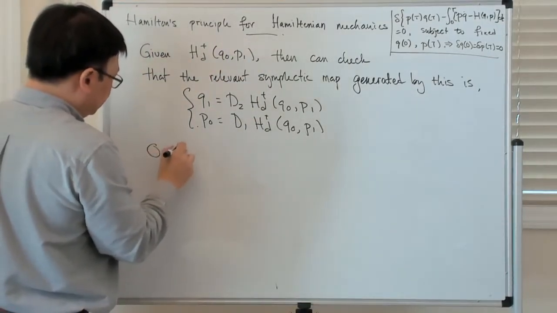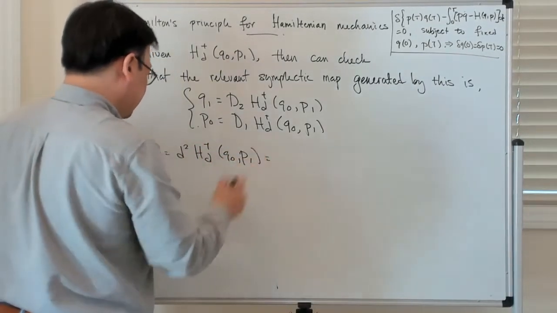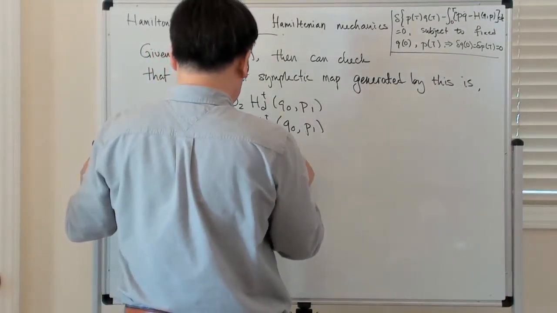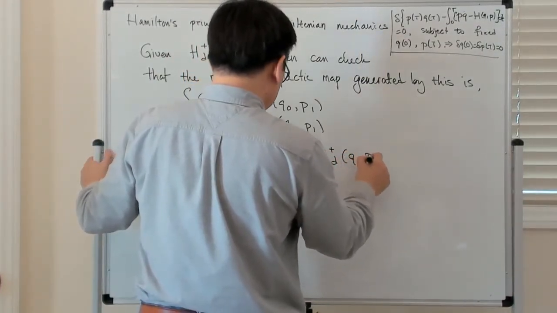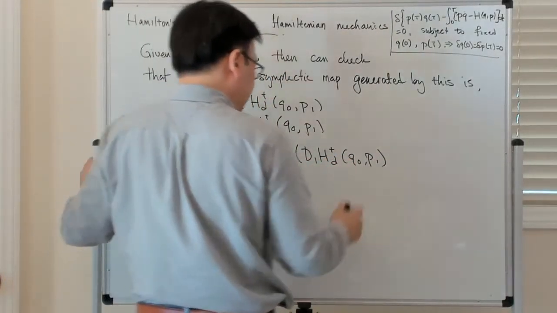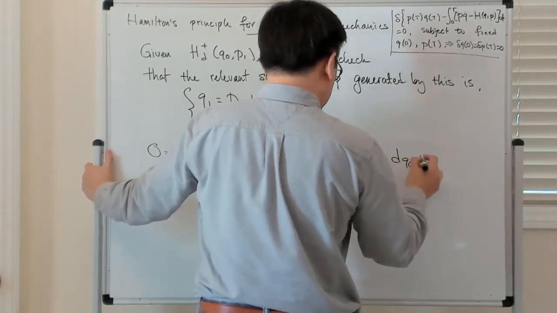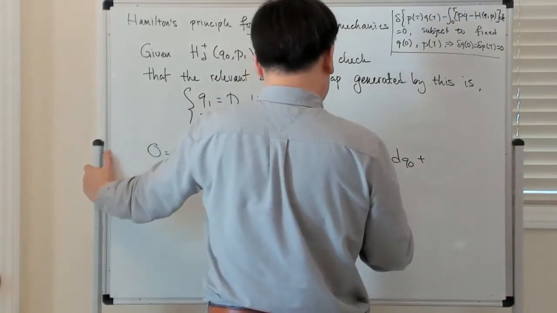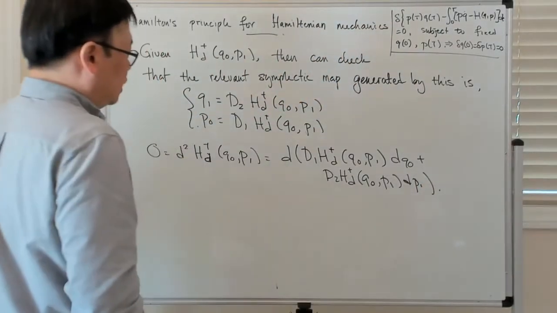So 0 is equal to d squared HD plus Q0 P1, which is equal to, let's just write down what this is, d of D1 HD plus Q0 P1. If I take the exterior derivative with respect to the q0 term, I will get this partial derivative, dq0 plus D2 HD plus Q0 P1 dp1.